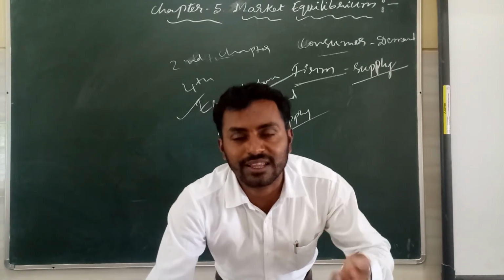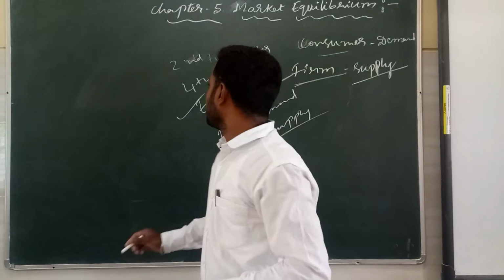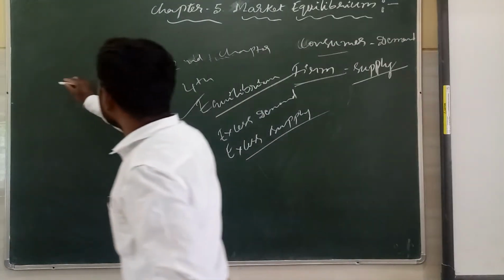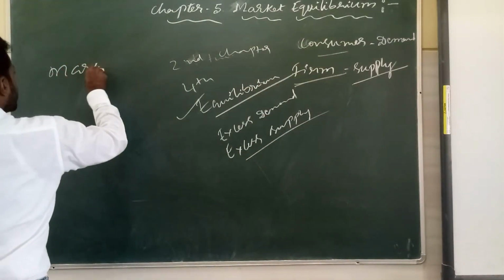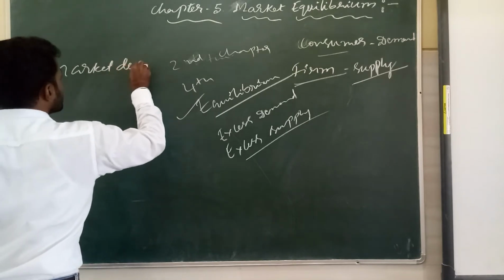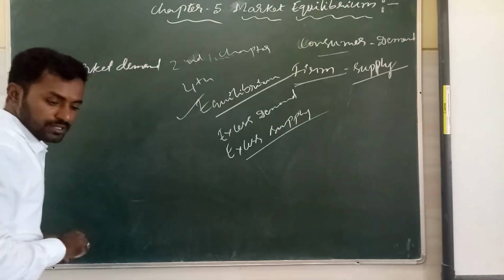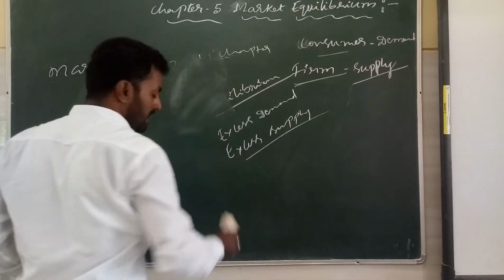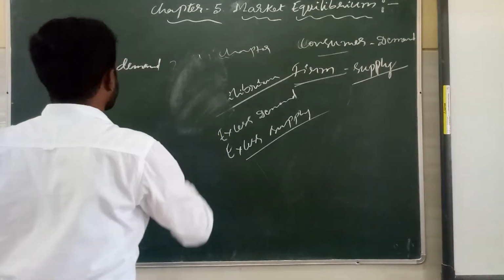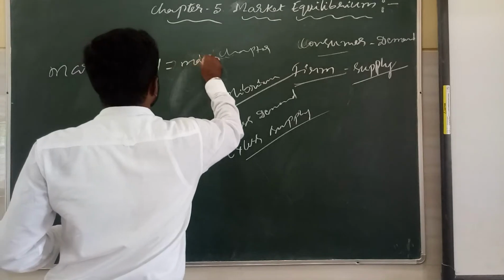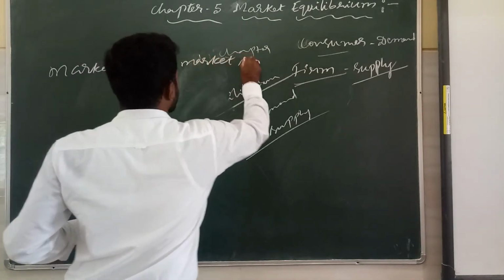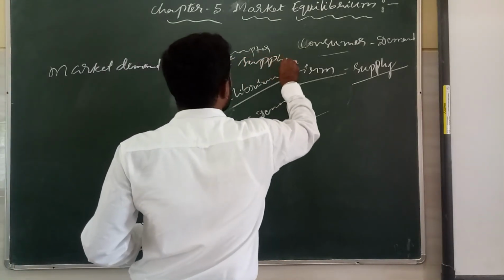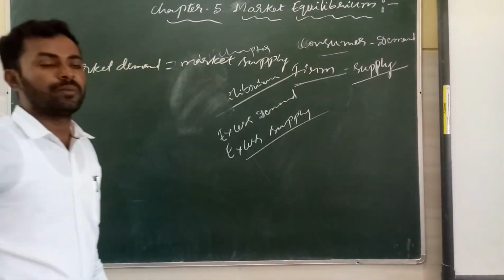Market demand equals market supply, which is called equilibrium point or equilibrium.